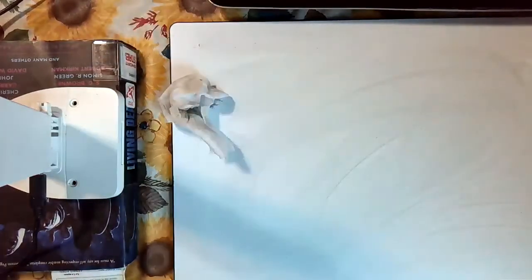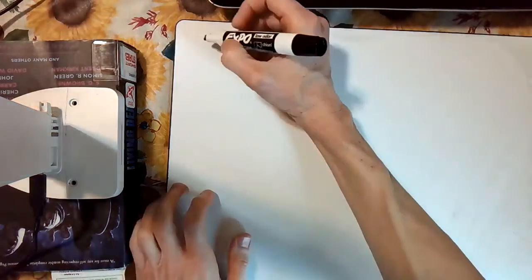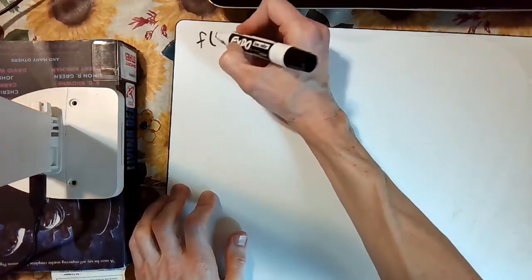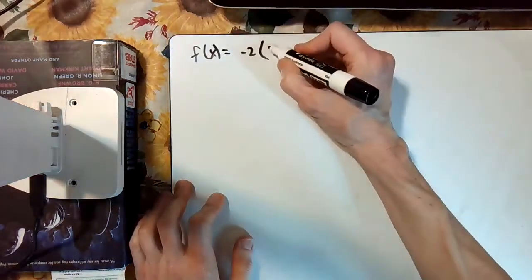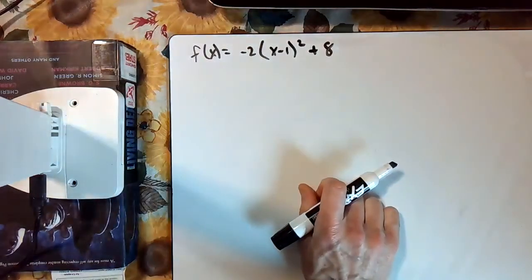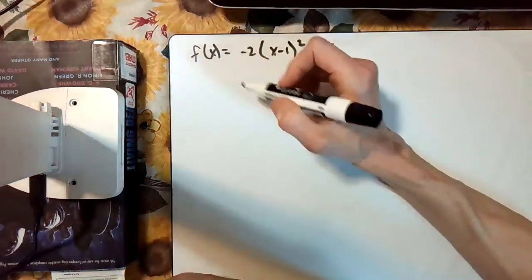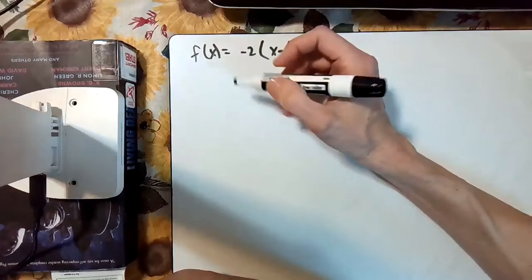Let's do another one. All right, so again, we want to see if it opens up or down, vertex, x and y intercepts, axis of symmetry, all that good stuff.